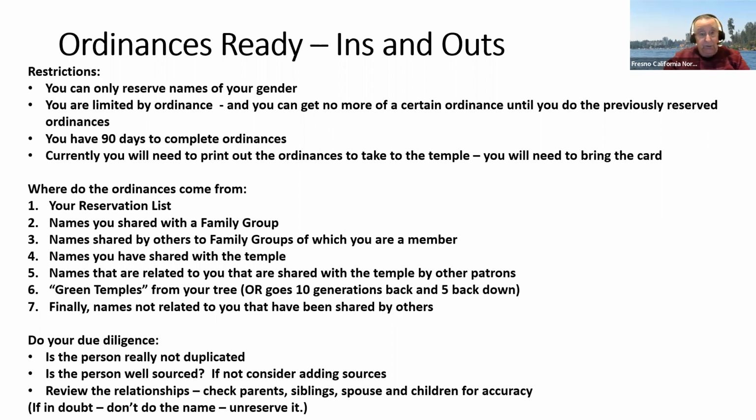Then it goes to names you've shared with the temple. Then to names that are related to you that are shared by other patrons in your tree. 6, it goes to the green temples that are out there. It'll go back 10 generations and down 5, looking for names.